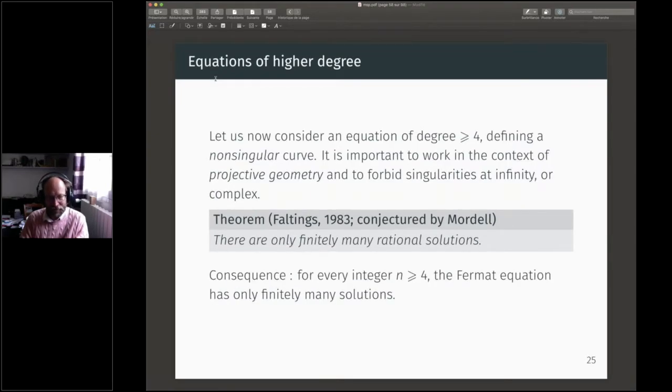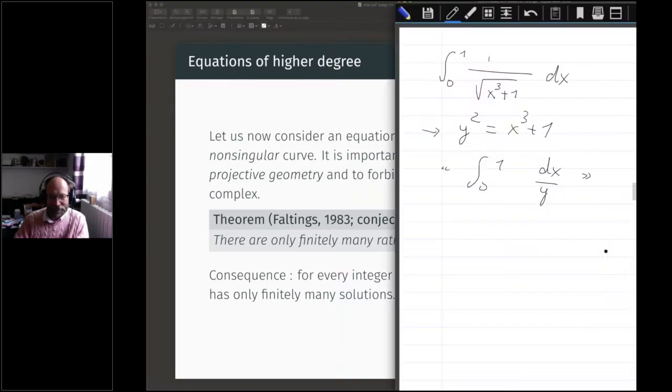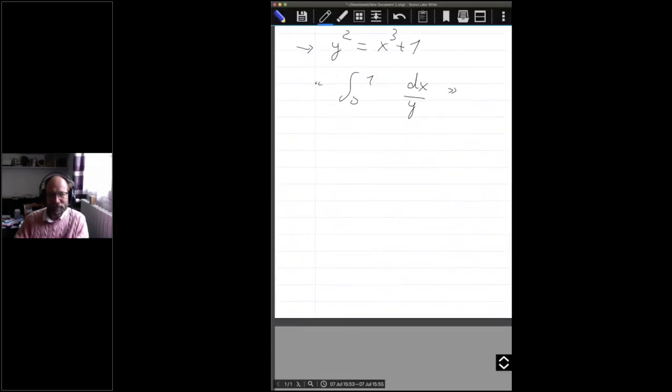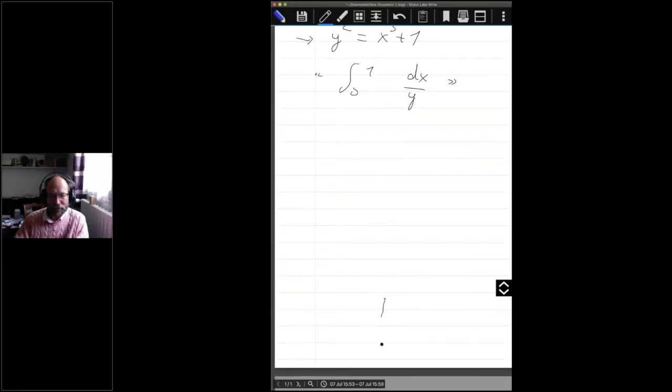And in particular, the Fermat equation is x^4 + y^4 = z^4, but I can put it in lower terms, so I'm going back to my pad, I could write it like that.